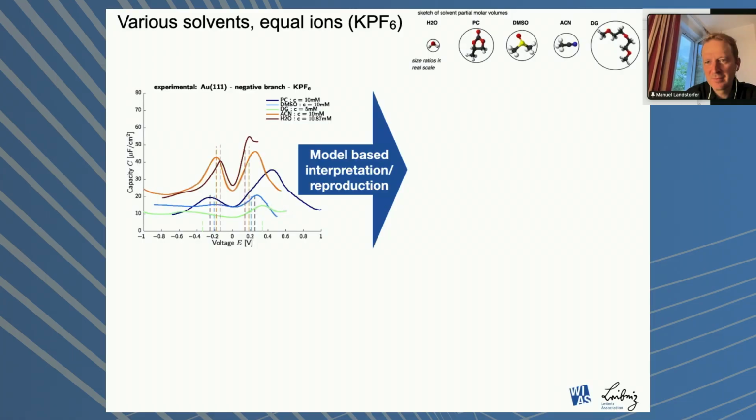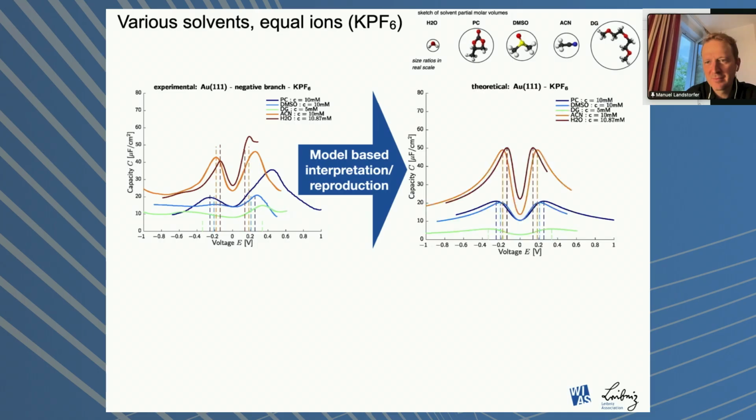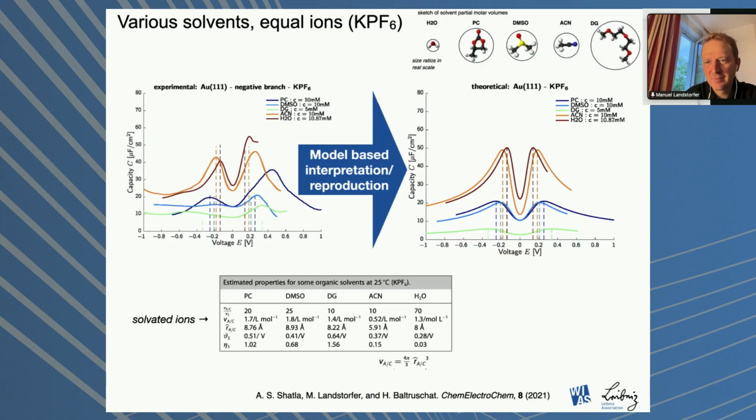Gold is sometimes a little bit more tricky. And on the right-hand side is what you would get out of this model framework by considering, again, solvation effects and the different dielectric constants the different solvents actually have. And it's really remarkable that you can achieve such an agreement.